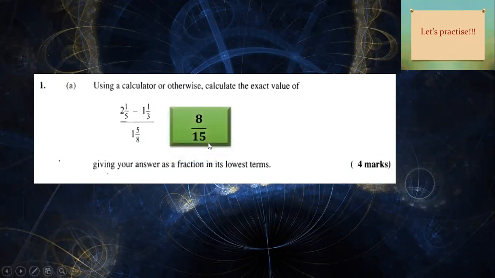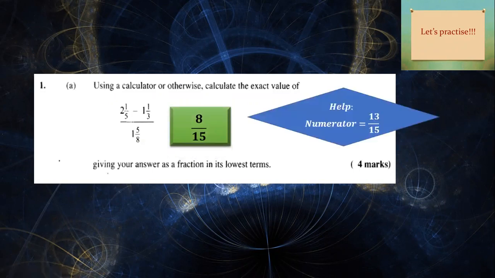It's going to be 8 over 15. A helpful hint, the numerator should be 13 over 15. It's 4 marks, so you should present some working nonetheless, even though you're using a calculator. You work out the top, get 13 over 15, and then divide it by 1 and 5 over 8. The result should be 8 over 15 in lowest terms.